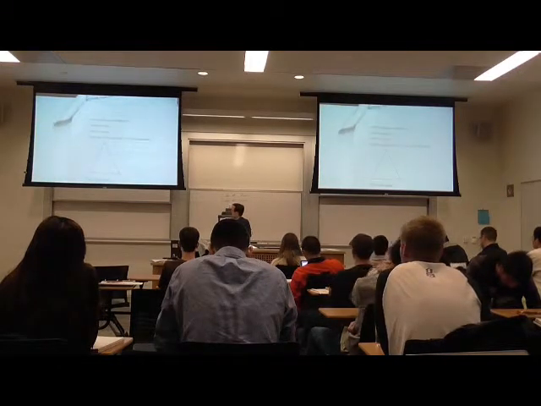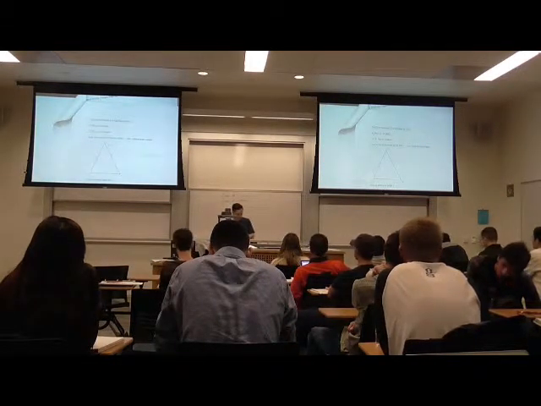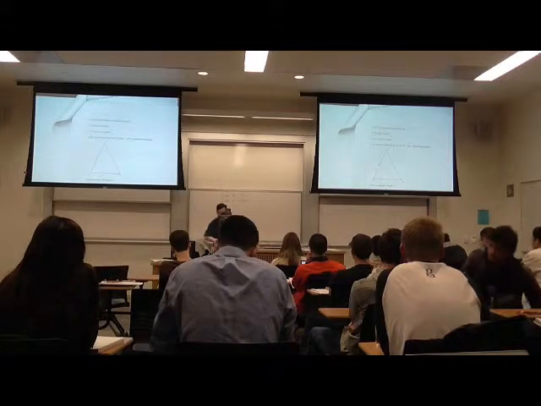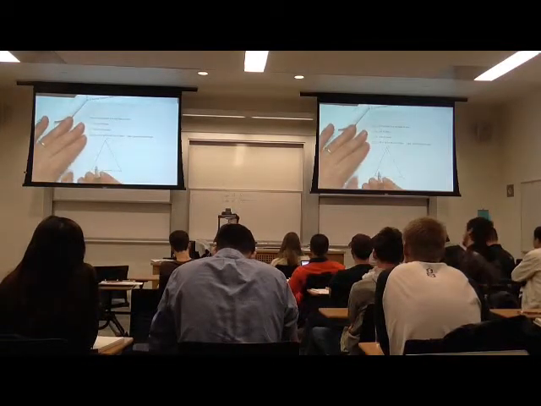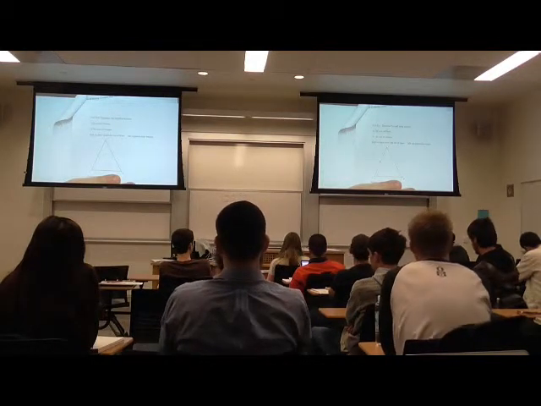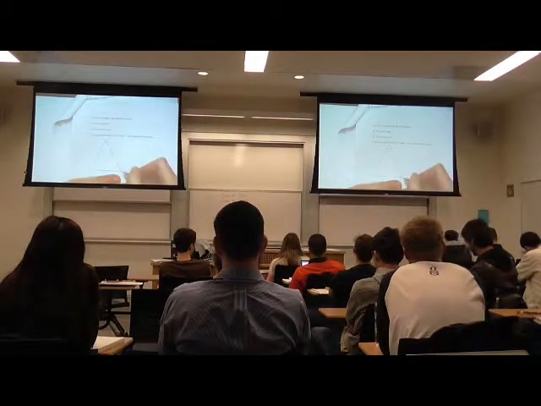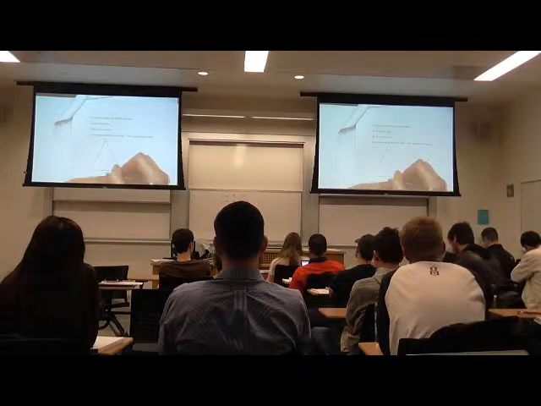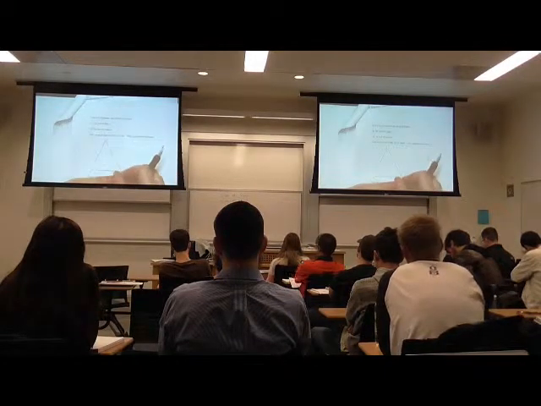All right, let's start with the law of sines. We're going to start with a triangle here. We're going to label its points with capital A, B, and C, and its adjacent sides with small a, b, and c.